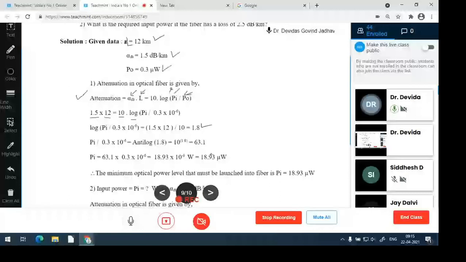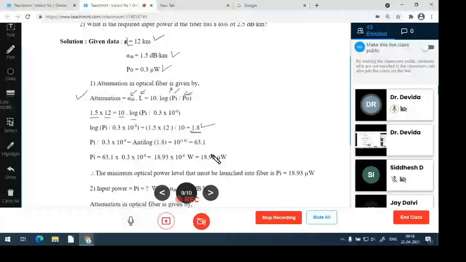If you calculate it, check it. Log of Pi divided by 0.3 into 10 raised to minus 6. So we have kept the log term on one side and all the rest on the other side: 1.5 into 12 divided by 10.